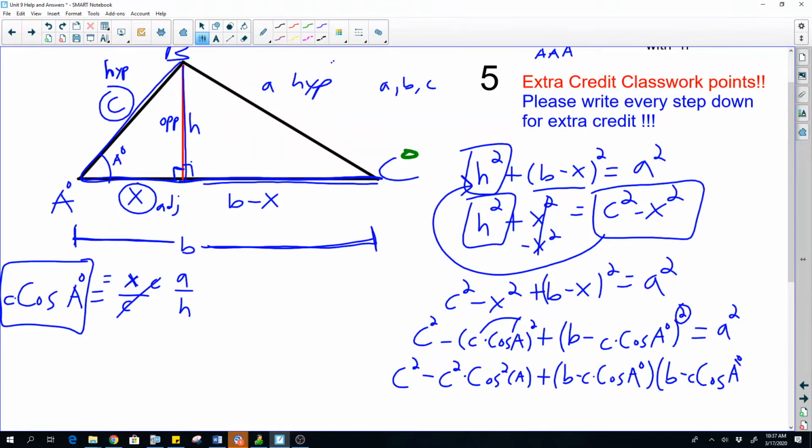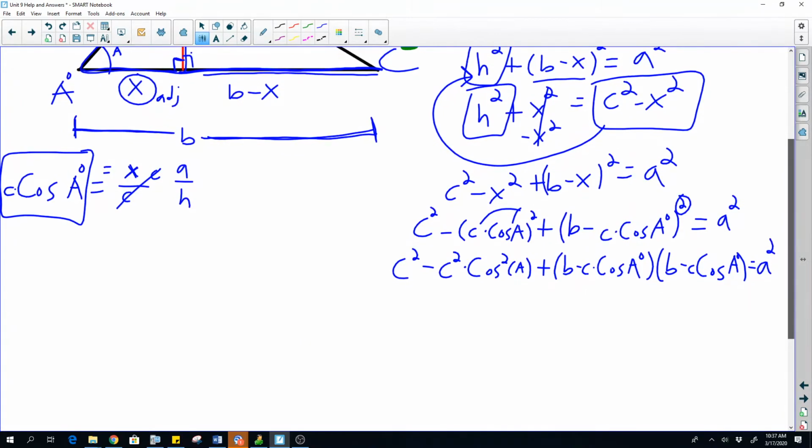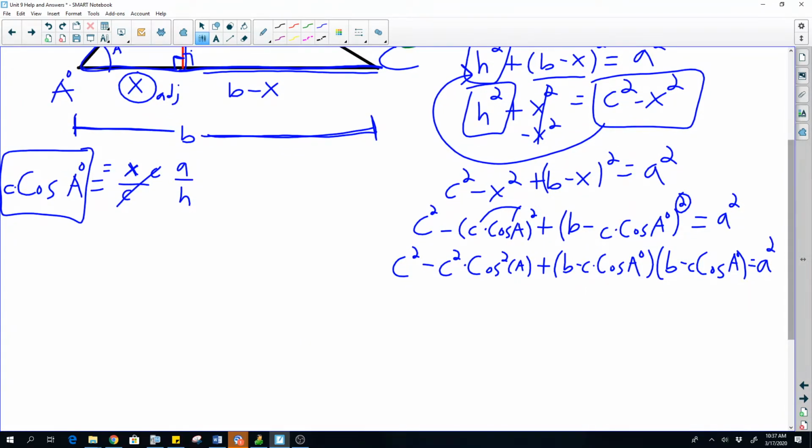And then, close parenthesis. Then we have equals a squared. Getting warmer, getting closer to that formula we've been using, or that you're about to use. Okay, so now we're going to write that out. So we have c squared, good, minus c squared cosine squared A, good.